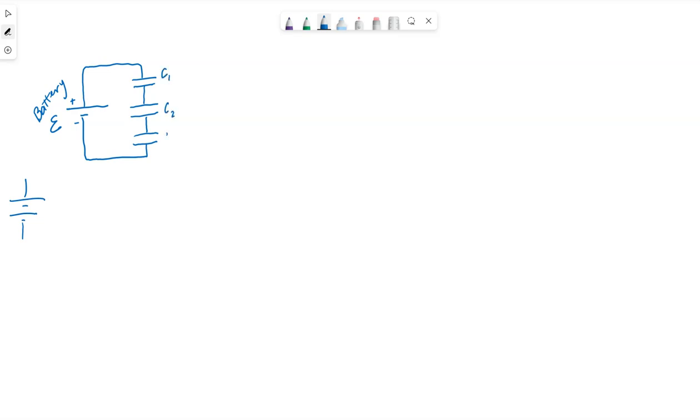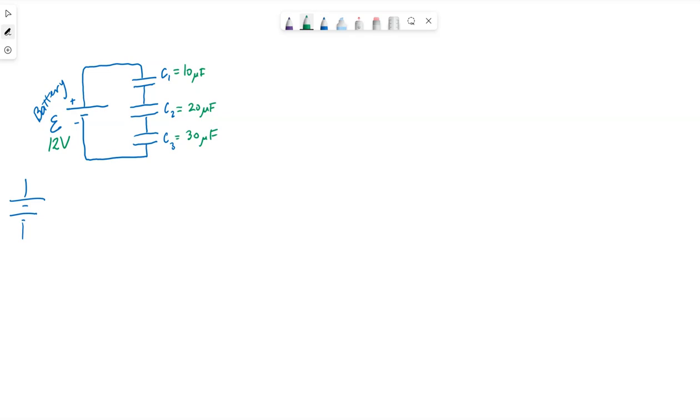C1, C2, C3. So let's go ahead and make up some values. Let's say we have a 12-volt battery, and we've connected it to 3 capacitors. Let's say we have 10 microfarads, our next one 20 microfarads, and the next one 30. Why not?